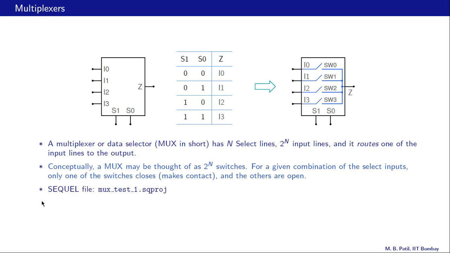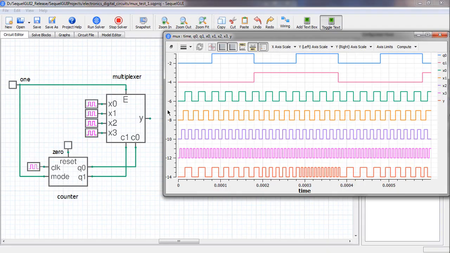Alright, let us now look at an example using this circuit file. So here is an example. What we have done here is we have generated 4 different input signals, x0, x1, x2 and x3.